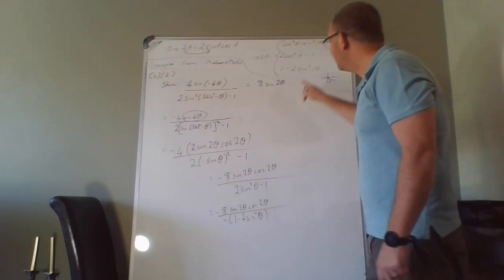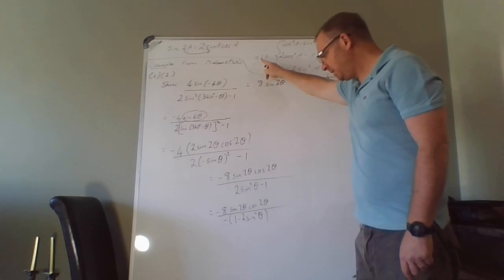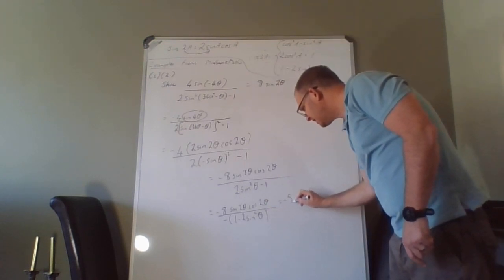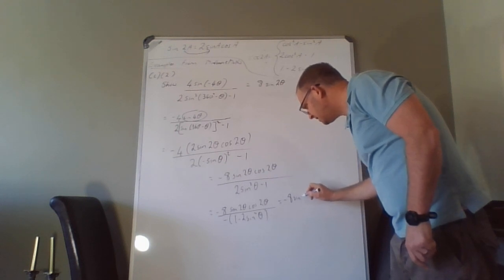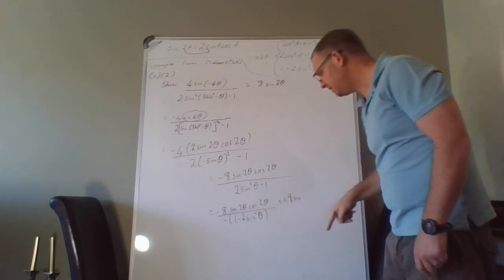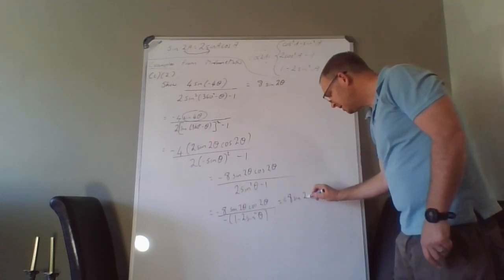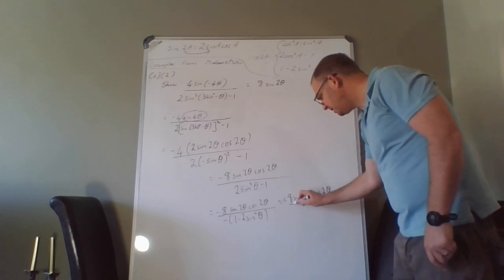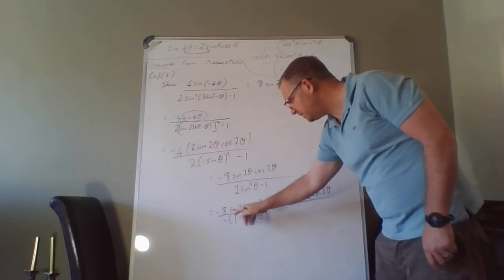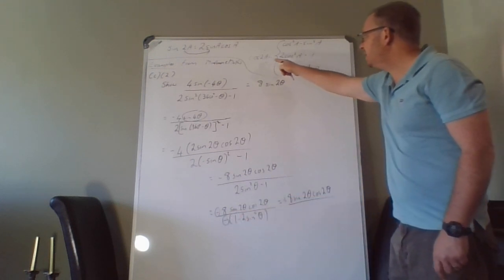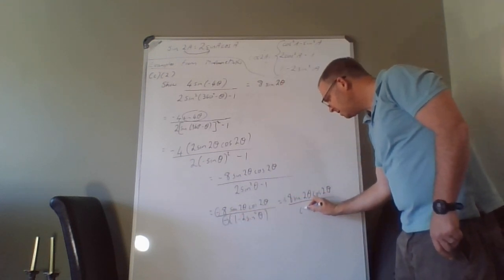And 1 minus 2 sine squared of an angle is cos double that angle. So now I have negative 8 sine, well, the negatives are going to cancel. Let's get rid of the negatives. That negative and that negative cancel. So I'm going to have 8 sine 2 theta cos 2 theta. But 1 minus 2 sine squared theta is cos 2 theta.